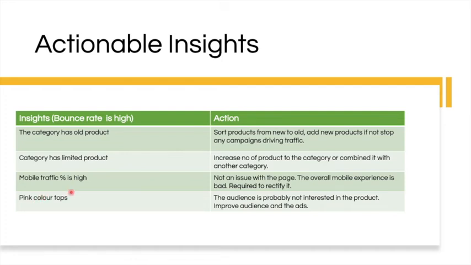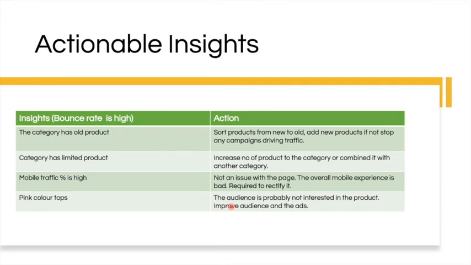And this is another example, pink color tops. The category pages with pink color tops, a fashion and apparel example, have high bounce rates. It could be due to your targeting, people looking for office wear, or your ad doesn't say this category is only for pink tops. Your ad has multiple product images and doesn't mention the color and product category.